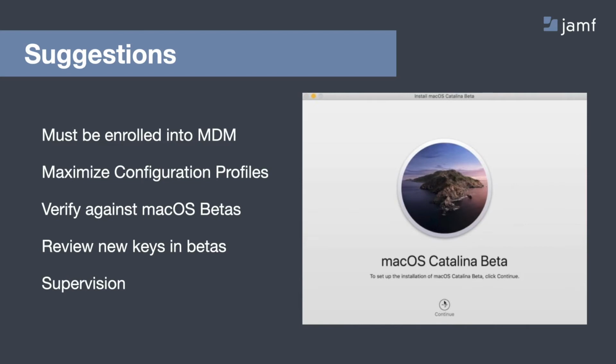Our suggestion will also be to validate that the configuration profiles and the settings that you're setting are working in the latest macOS betas that are coming out. So verify against the betas. How you get access to the betas is another component to be successful here. This is where Apple Business Manager and Apple School Manager come into play. As your organization gets enrolled into those programs, it will grant you access to have managed Apple IDs in your organization.